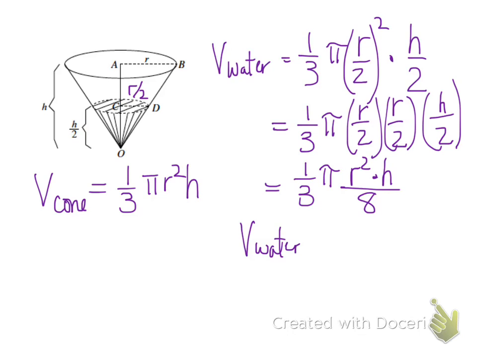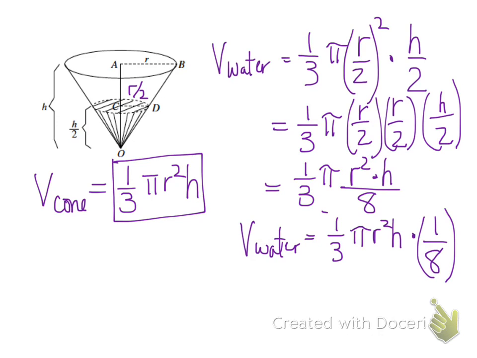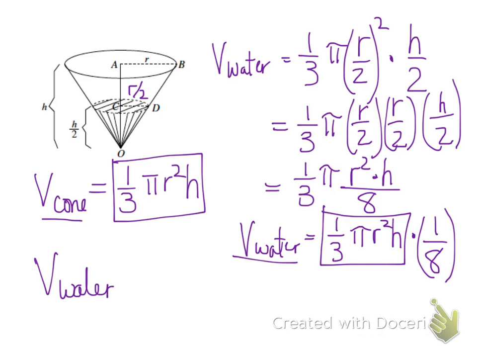The volume of water is equal to 1/3 pi r squared h times 1/8. I just took the divided by 8 out. So you can see that these parts are exactly equal, so the volume of water is equal to 1/8 the volume of the cone. So that ratio of water to cone is 1:8.